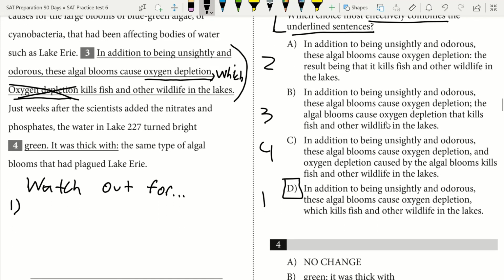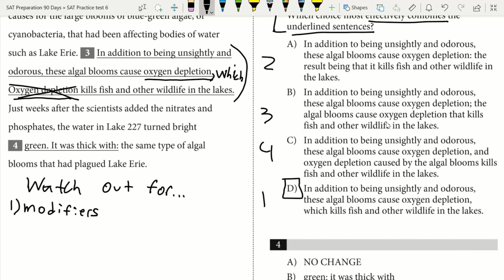A lot of times when combining sentences like this, one of your sentences will have a modifier that can be used to describe a subject. For example, let's say your subject was Abraham Lincoln, and it took the place of oxygen depletion here. It was ending one sentence and starting the next. If the next sentence described Abraham Lincoln, we'd want to watch out for a modifier at the beginning of our sentence describing him.